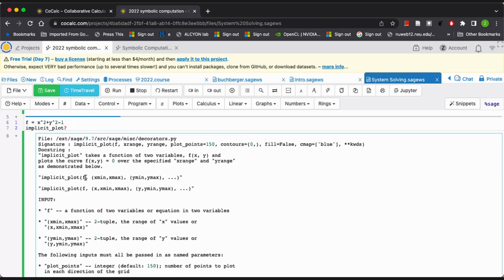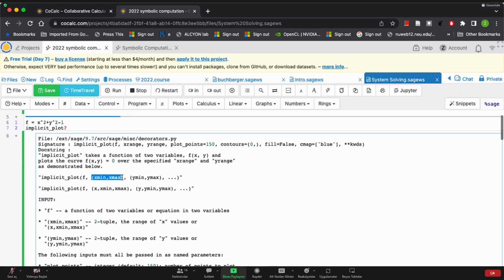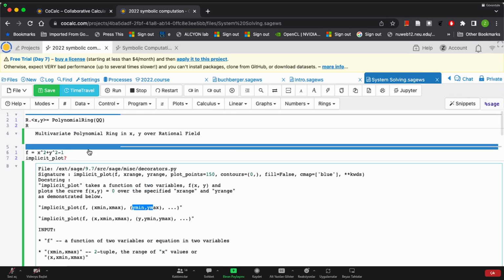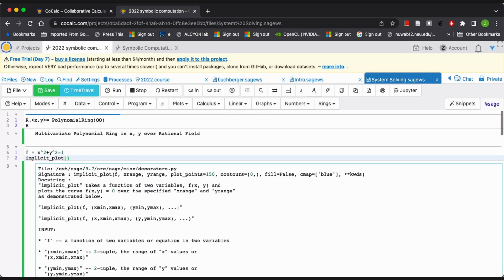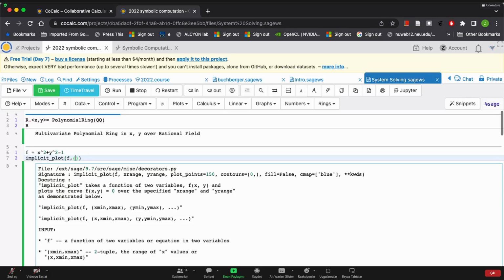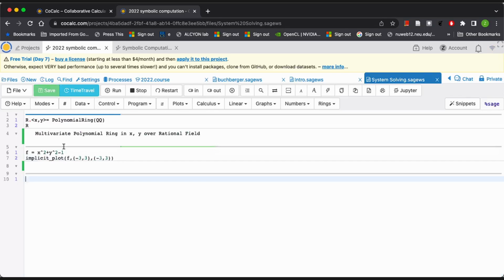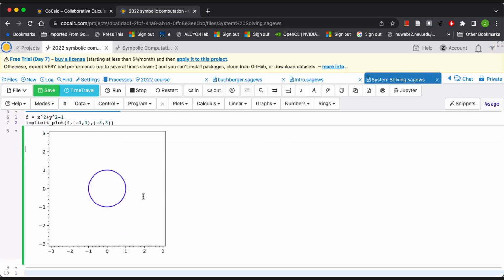So we have to give f the minimum and maximum value for x, the minimum and maximum value for y. So what we can do is f, and then from -3 to 3, and from -3 to 3. And if I ask to plot, I get the plot.